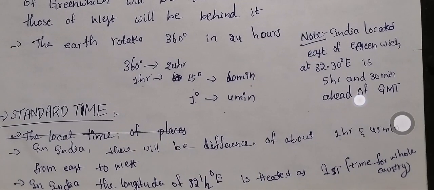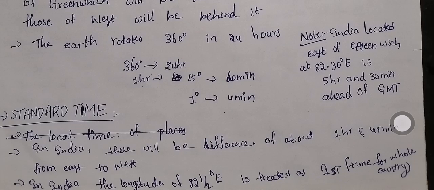Next, standard time. There must be one standard time in every country, because it is needed in order to avoid confusion of time among the people of the same country.